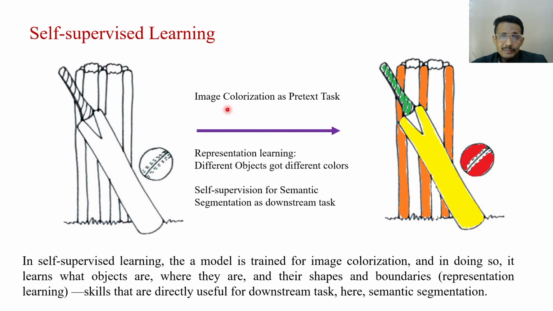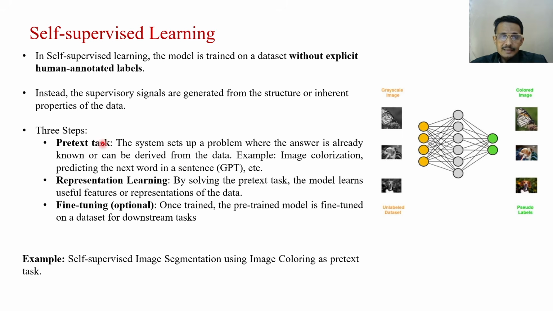So this is the pretext task, and we use it for representation learning, and then we can fine-tune it for image segmentation. This is a very brief overview of self-supervised learning.